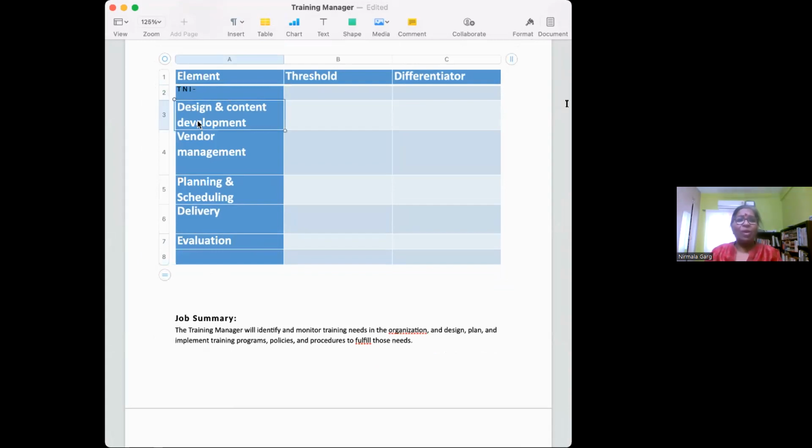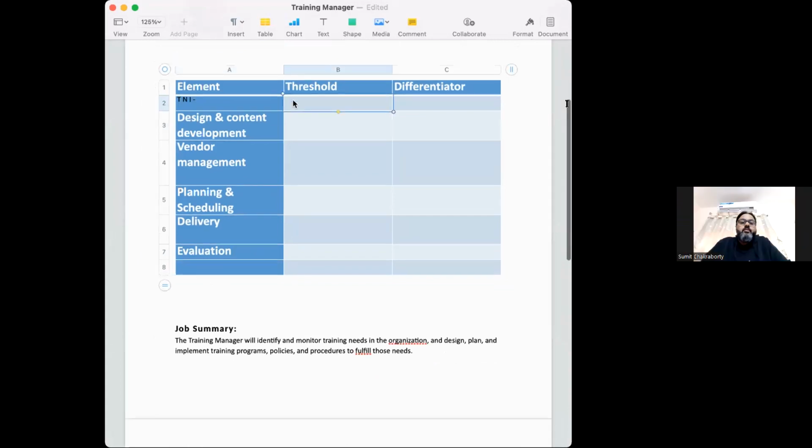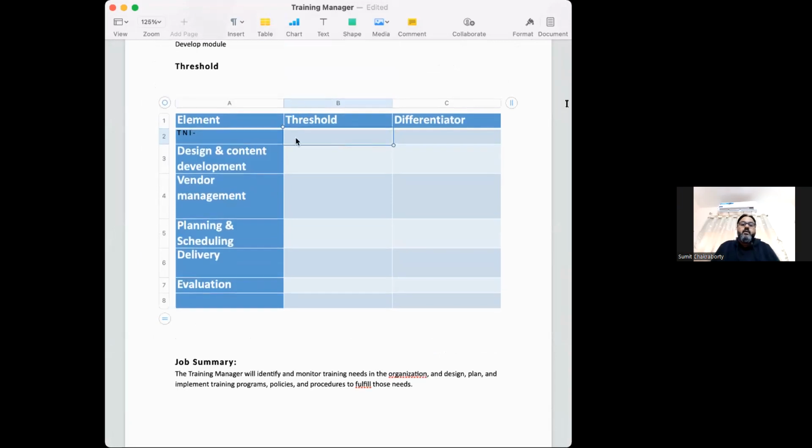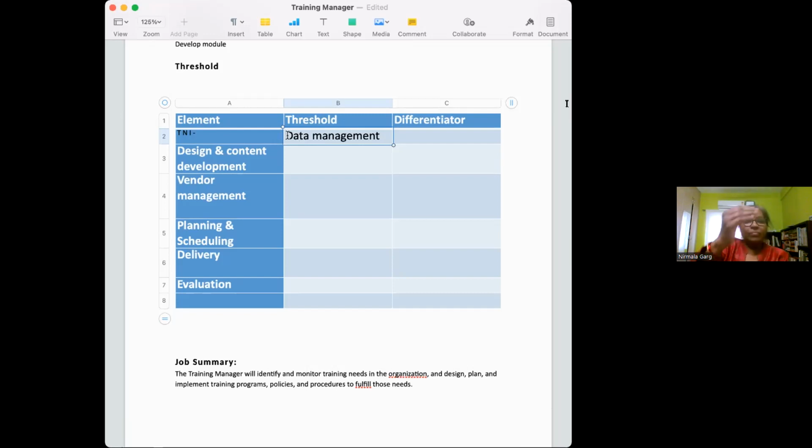Now you can start looking at knowledge and skills. In case of TNI, data entry, threshold. Management, we can say. Data entry part is there. Data management. So write K and S so that you know for sure that it is knowledge and skill.